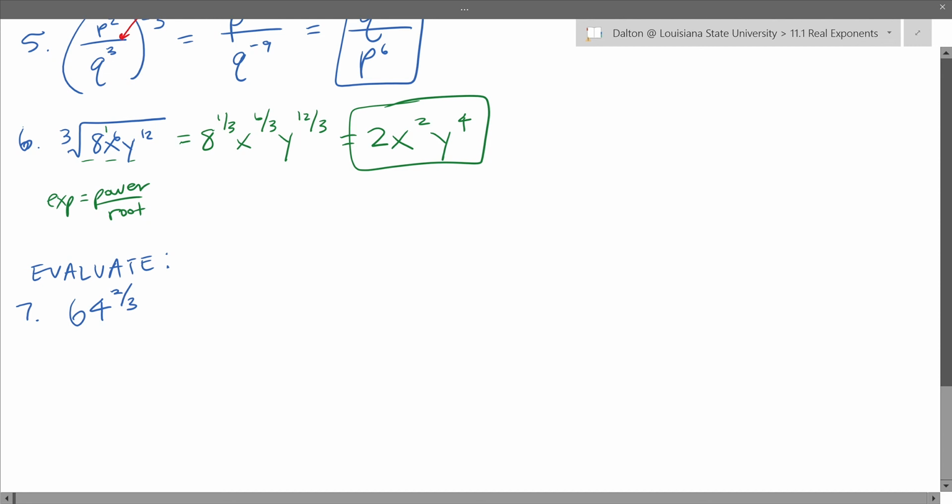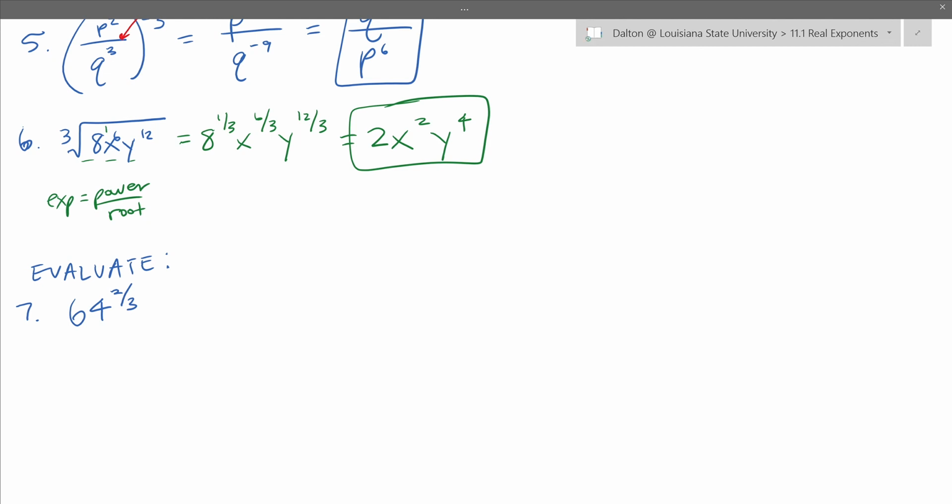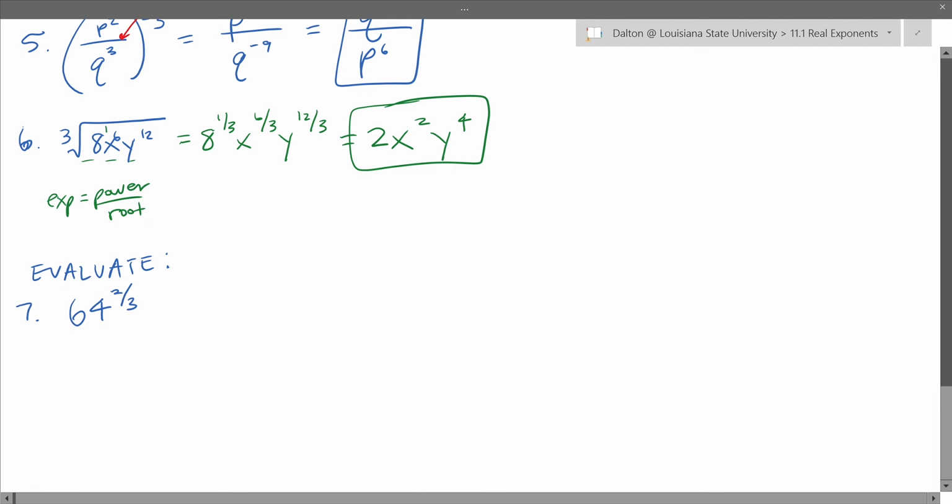You can say, okay, this is the same thing as the cube root of 64 squared. You can say this is 64 squared to the 1/3 power, which is basically the same thing. Or you can rewrite 64 to be, hopefully you know that that's 4 cubed.